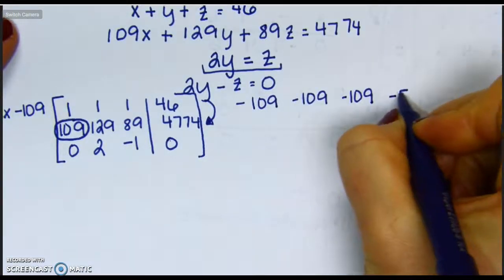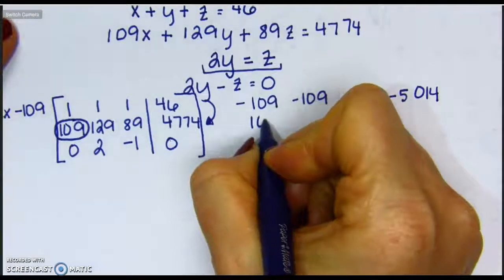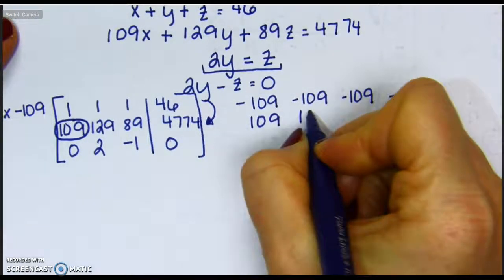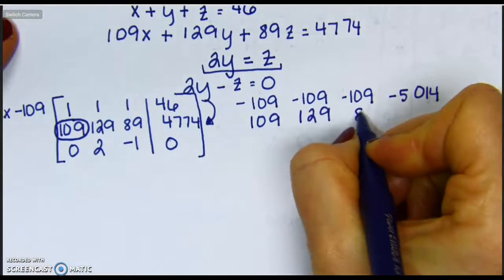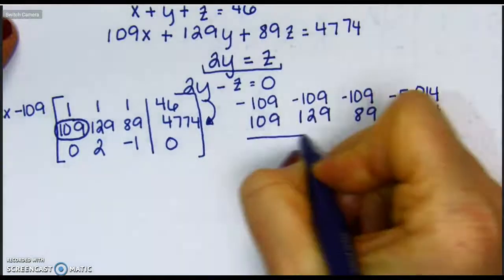And negative 5,014. My middle row we didn't need, but hopefully we'll get some smaller numbers here.